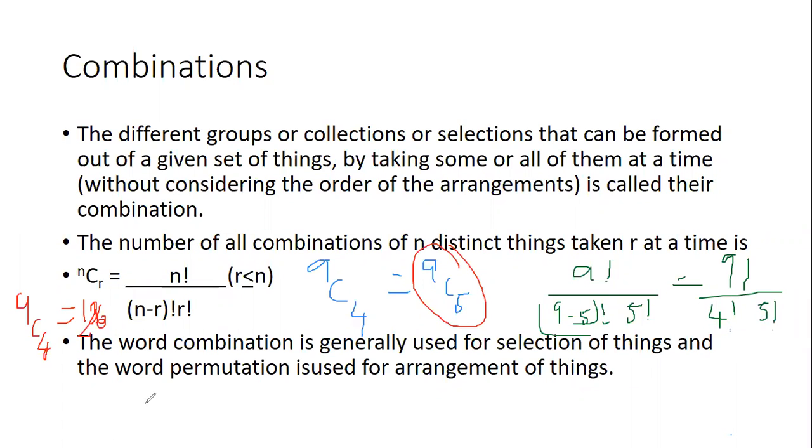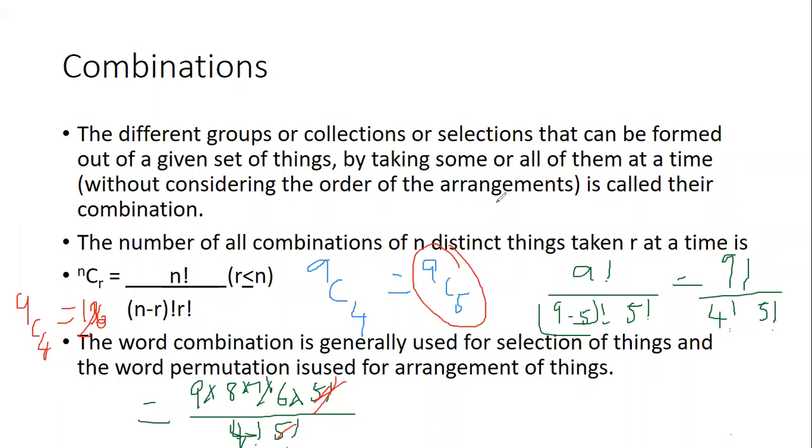Next step, 9 into 8 into 7 into 6 into 5 factorial divided by 4 factorial and 5 factorial. Now I can cancel 5 factorial and 5 factorial, correct? So how much is remaining?